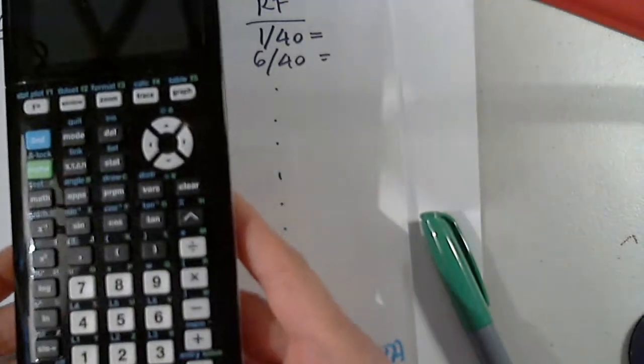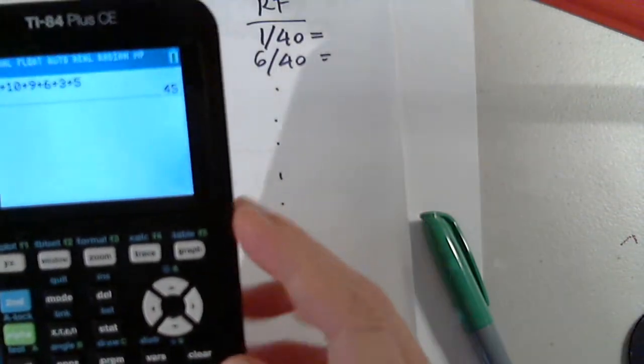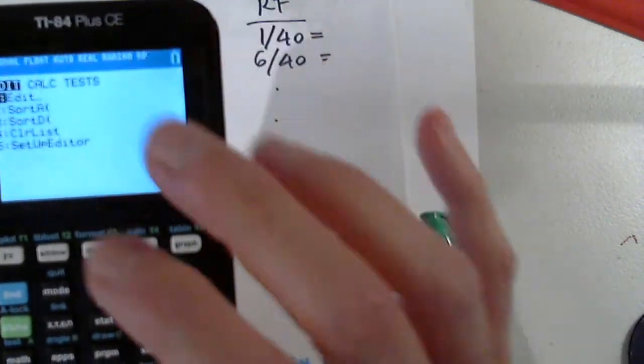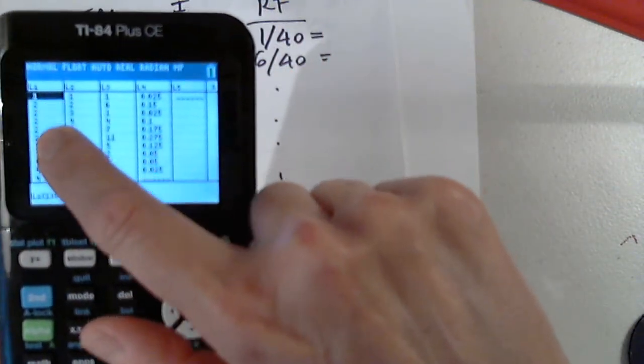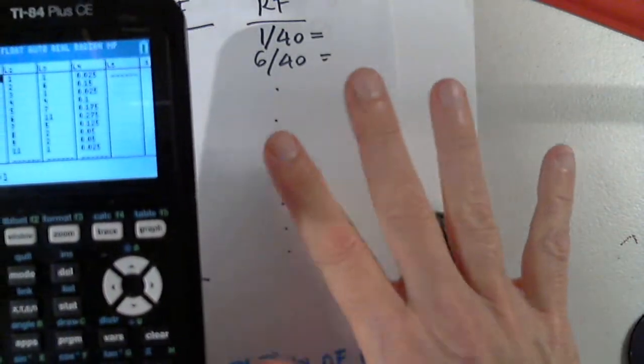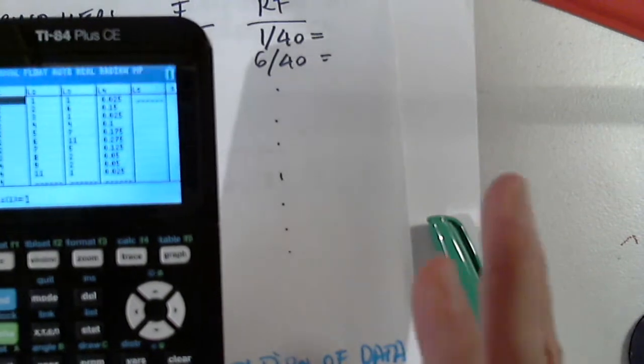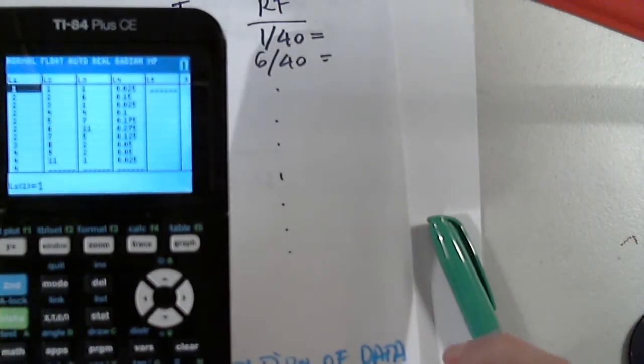Since we're here, let's take a look at the graphing calculator and see how we get a histogram with the graphing calculator. I hope you did not delete your data. L1 is our data, same Wendy's customers, same 15-minute intervals, same 40 entries.